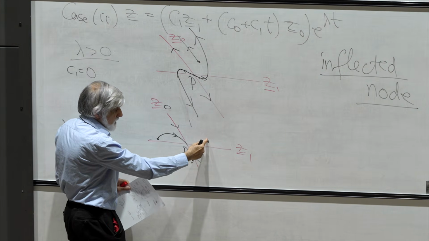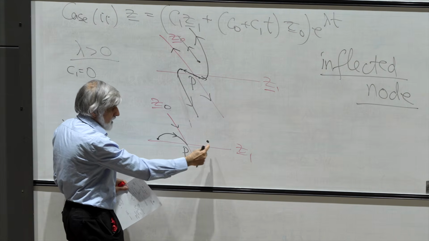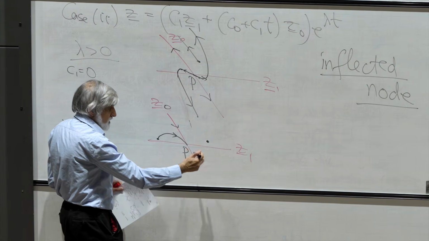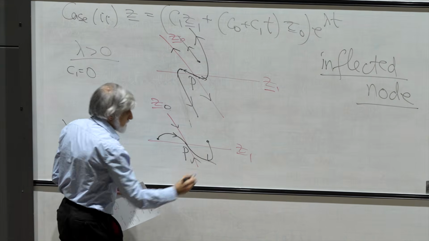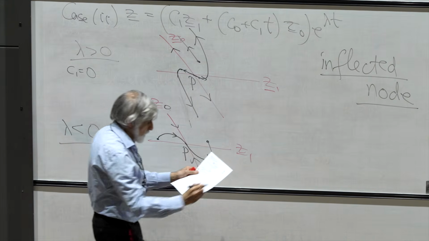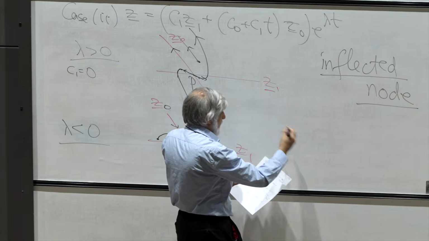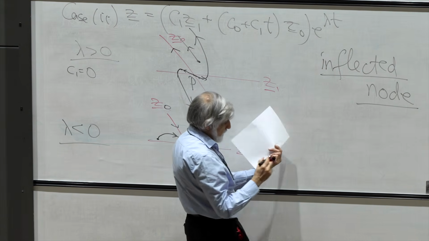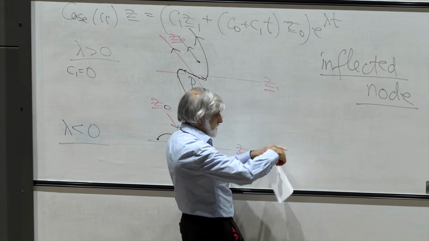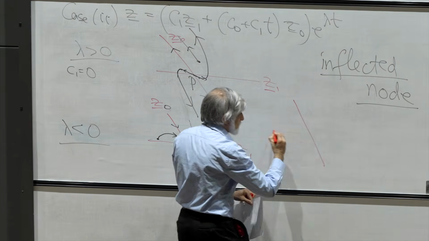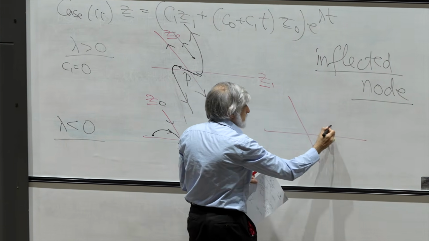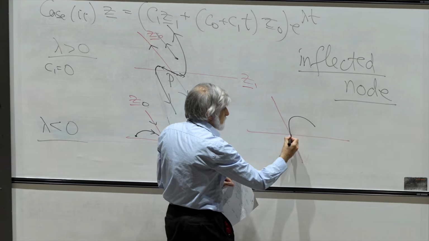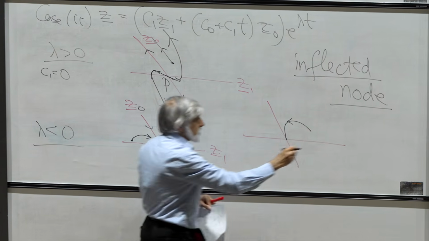One way is like this, and the other way is like this. So let's do this way first. Okay? And now the question is, could we go the other way? Could that happen?